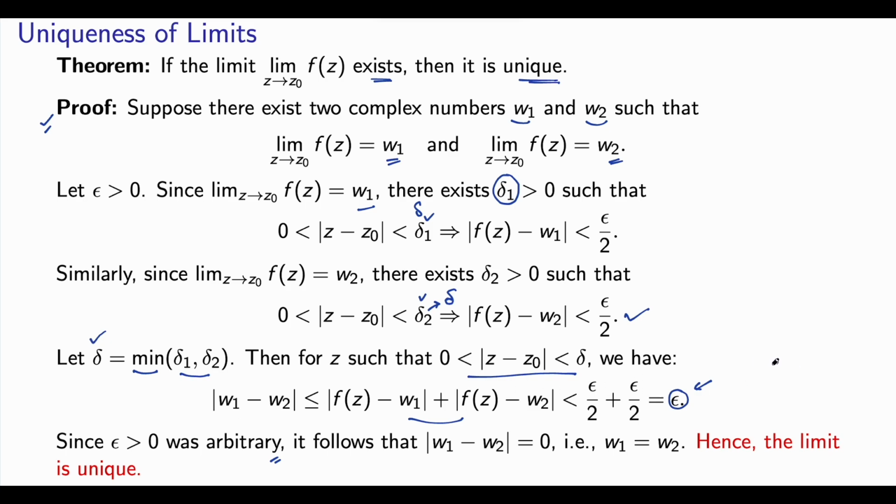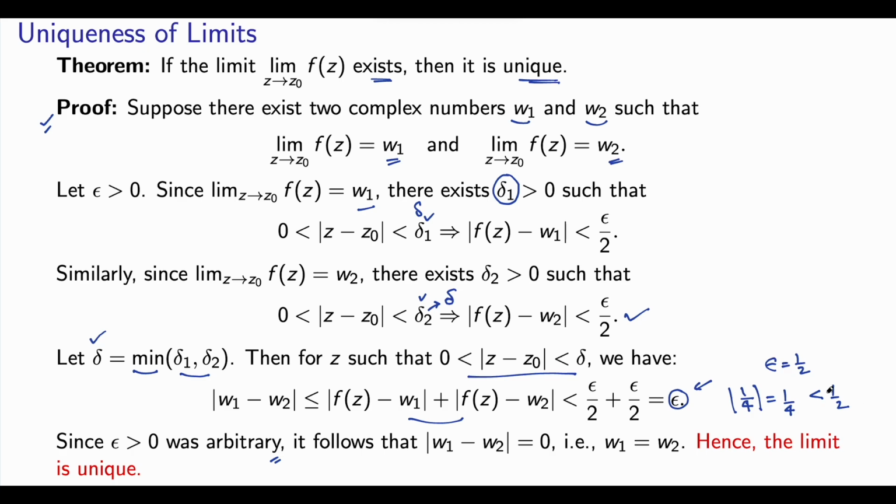For example, if you say epsilon is half, then modulus of w1 minus w2 could be, let's say someone says, 1 by 4. This difference w1 minus w2 is 1 by 4, which is less than half.